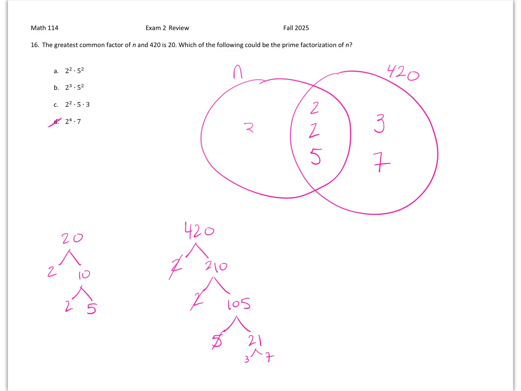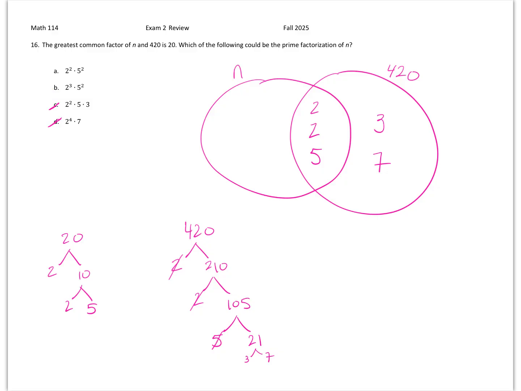So it can't be that. 3 cannot be part of the prime factorization of n. Neither could 7, which is another reason that D is wrong, right? I could not put a 7 here because these 7's would then belong in the middle.